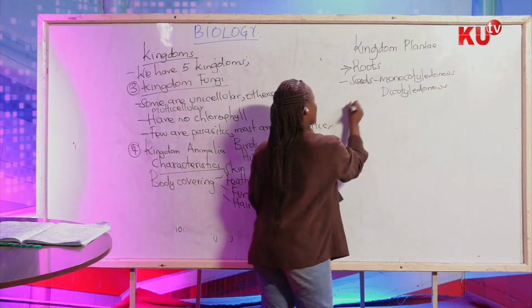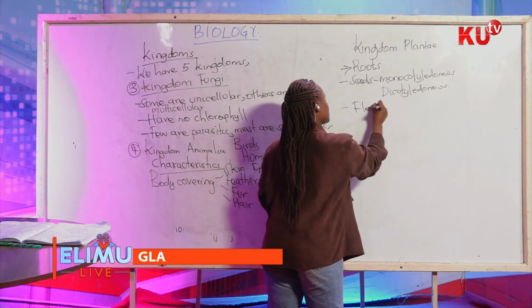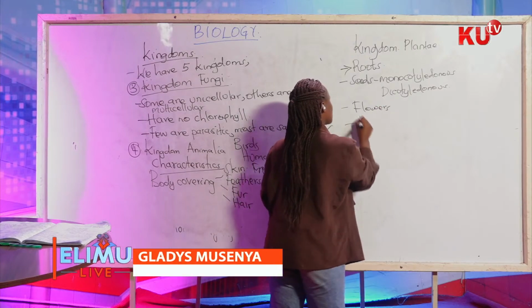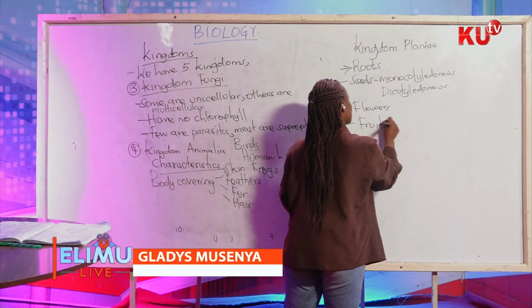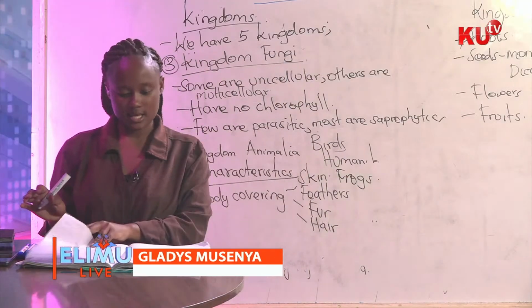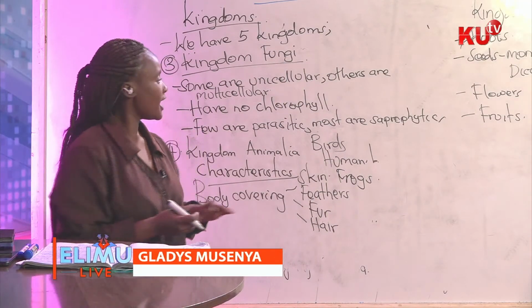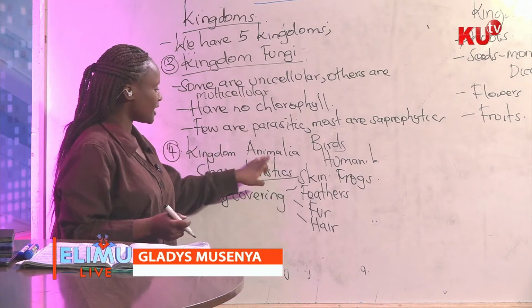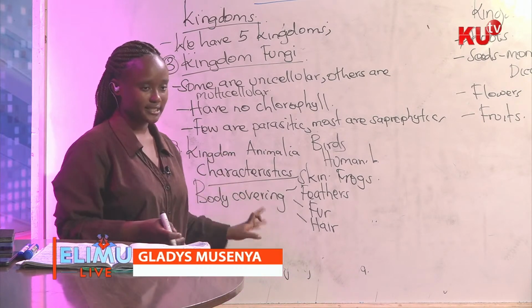And then we have flowers, we have fruits. This can help us distinguish the plants that we are having. And in kingdom Animalia, it is multicellular.